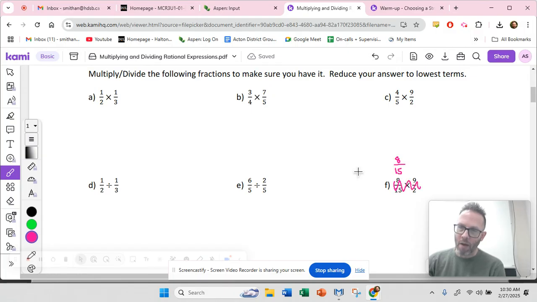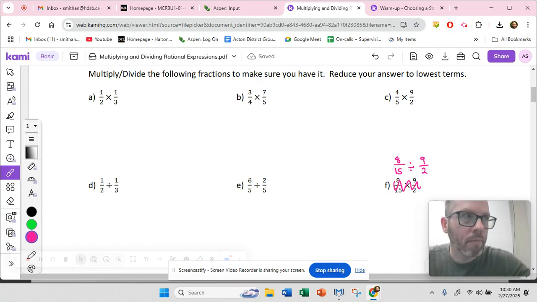We're going to make that one a division. All of these skills with multiplying and dividing fractions, we're going to be using today.